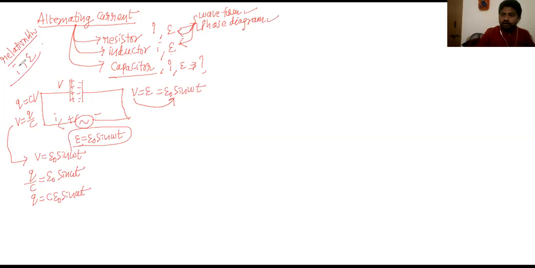The instantaneous current I is dq by dt, which is d by dt of Q. Q is C E naught sine omega t. C and E naught are constant. D by dt of sine omega t is cos omega t into omega.